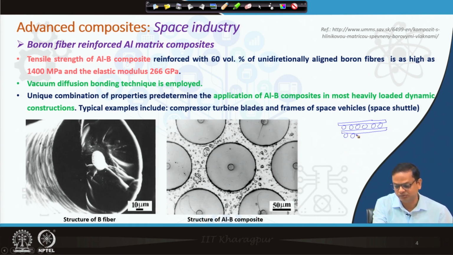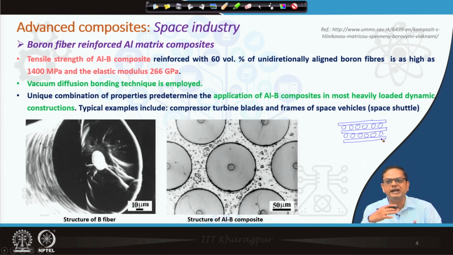Again these fibers will be laid down and arranged like this, and again thin sheets will come. So, there will be multiple layers of thin aluminum foils, and then a layer of boron fiber will come, and then there will be application of temperature and pressure.